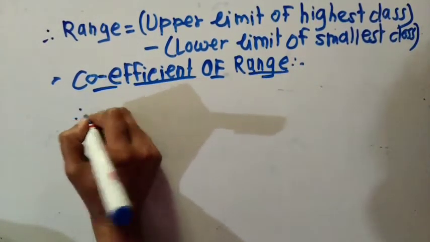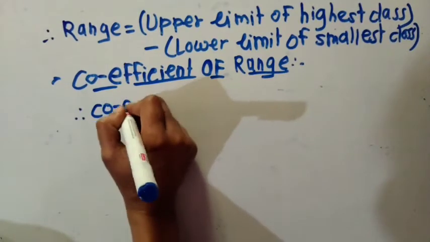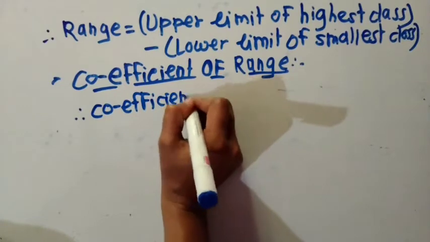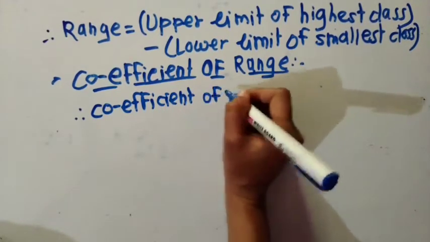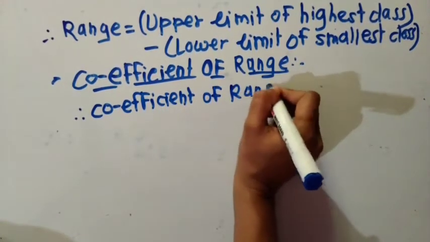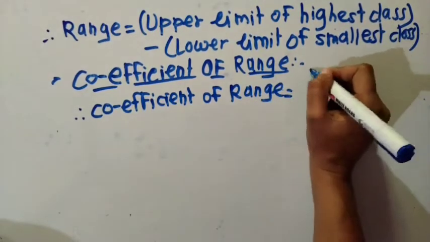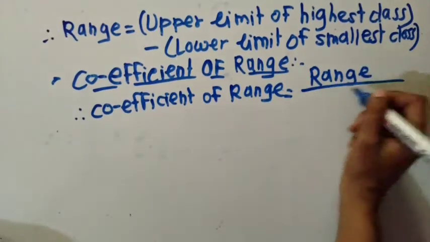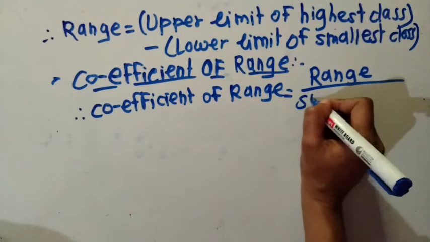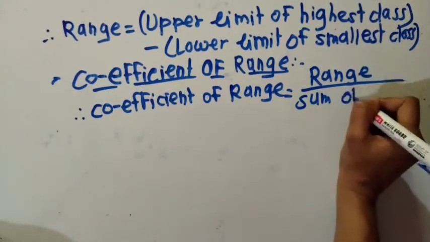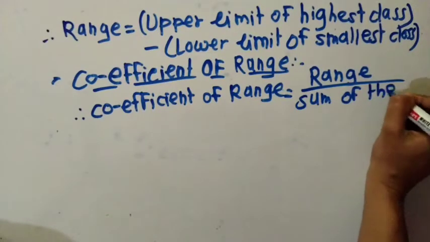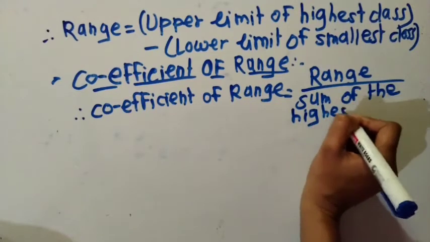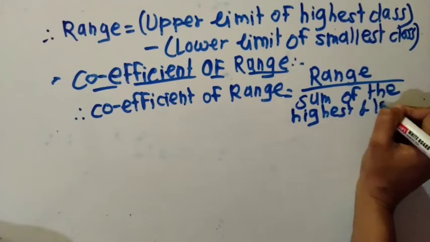So coefficient of range is equal to range upon sum of the highest and lowest value.